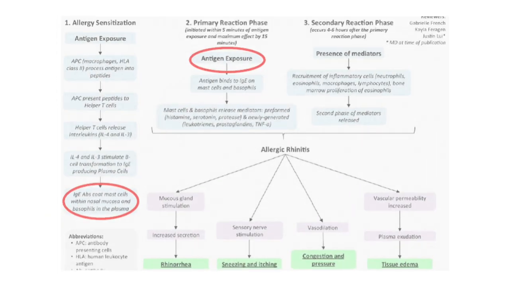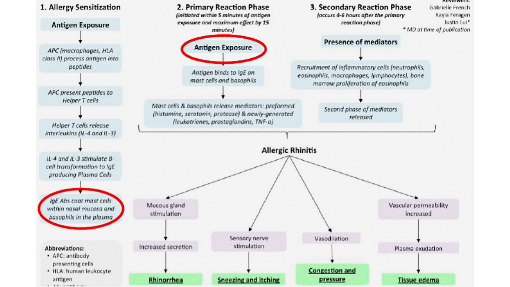This diagram summarizes all the phases and how this allergy exactly happens and how the symptoms are associated with these phases. For example, all of these inflammatory mediators will cause vasodilation, which will cause congestion and pressure. For example, the mucus gland stimulation will increase the secretion, causing rhinorrhea, and as you see, many other symptoms correlated with these phases.